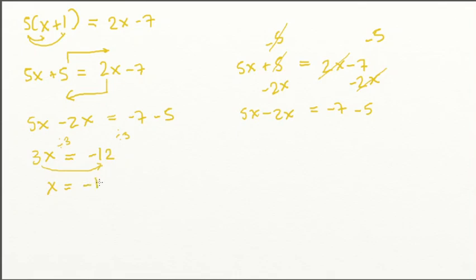It doesn't matter how you look at it, because the answer is actually the same. So negative 12 over 3, if you divide 12 by 3, that's 4. And since one of them is negative, you will have a negative value. So the answer to this problem would be x equals negative 4.